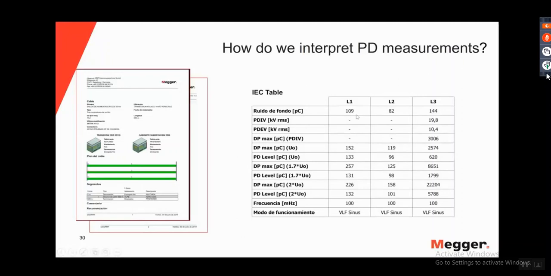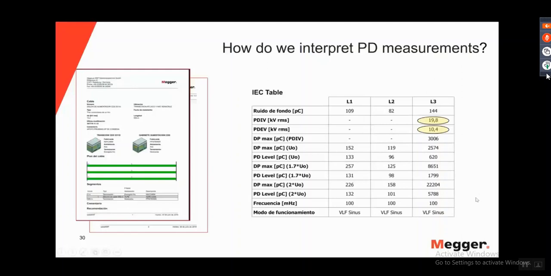And you can see that it is almost the same background noise level for the three phases. But in the phase L3, you can see that the partial discharge inception voltage was 19.8 kV, and the partial discharge extinction voltage was 10.4 kV. On the other hand, in the phase L1 and L2, we didn't find any kind of PD activity.